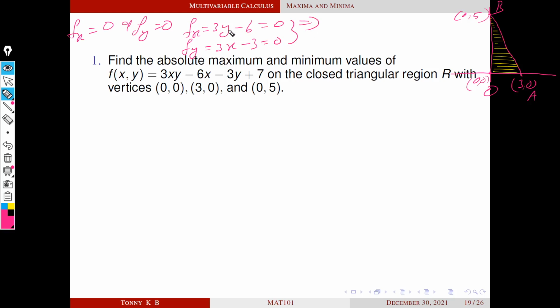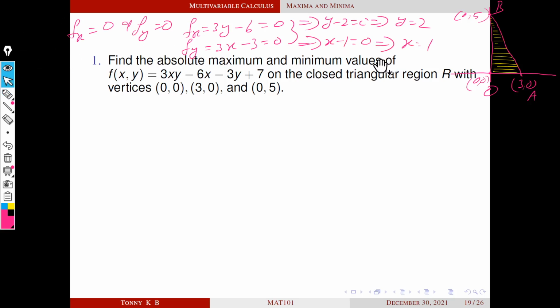You can take 3 outside and cancel, so this becomes y - 2 = 0, which implies y = 2. Similarly here 3 is common, you can take it outside and cancel, and this implies x - 1 = 0, that implies x = 1. So this function has only one critical point.